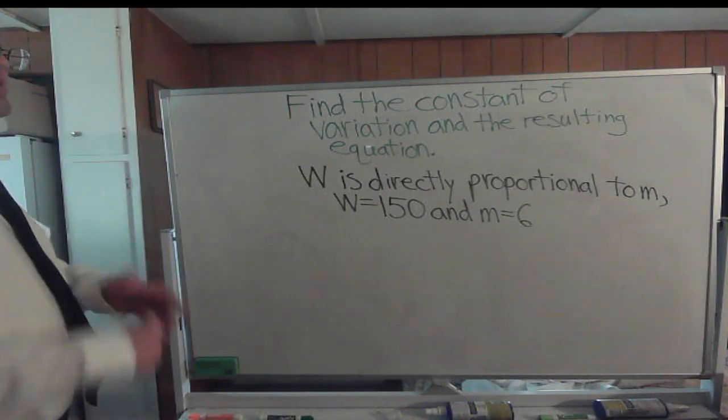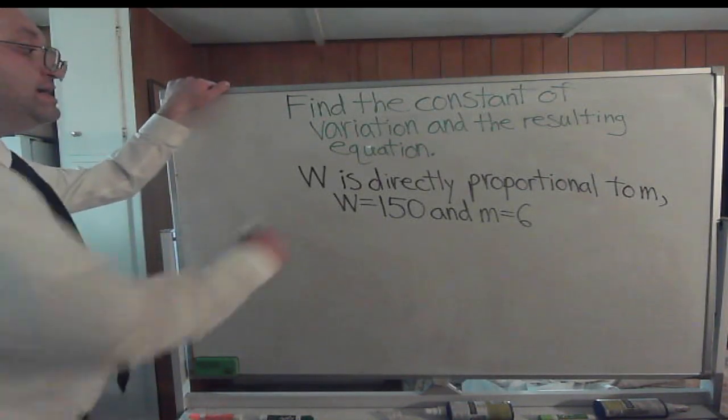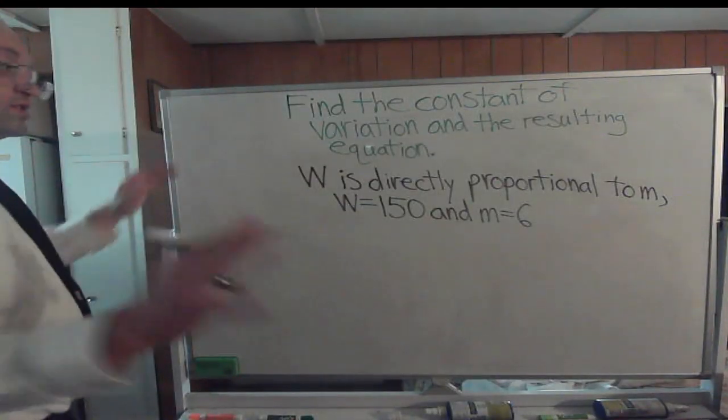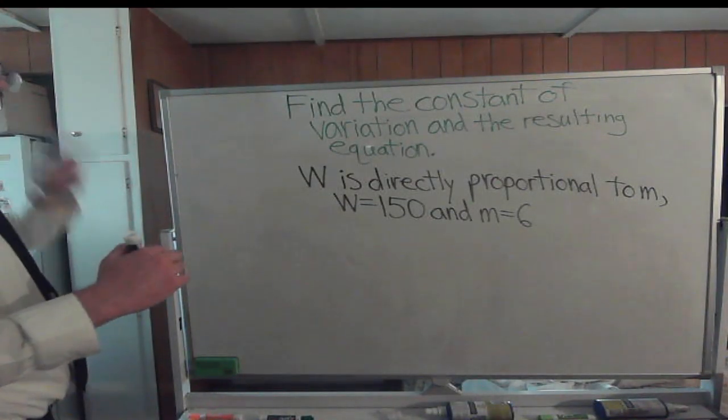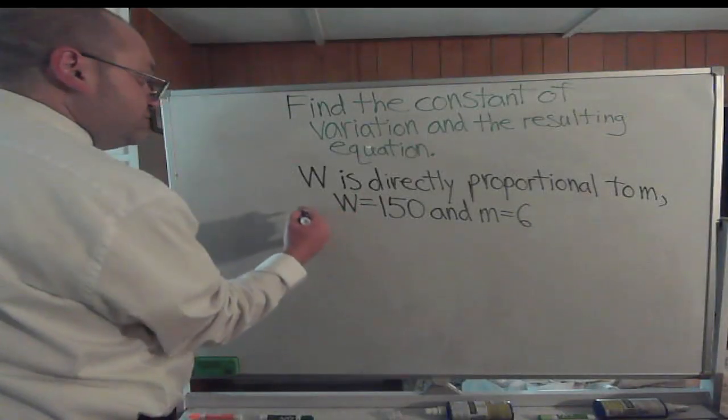Well, very interesting thing here. This is a bit different wording. W is directly proportional to M. Let's start there. That means that they're in a fraction to each other.